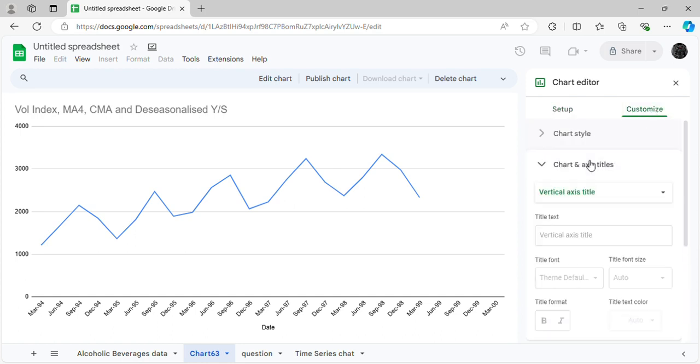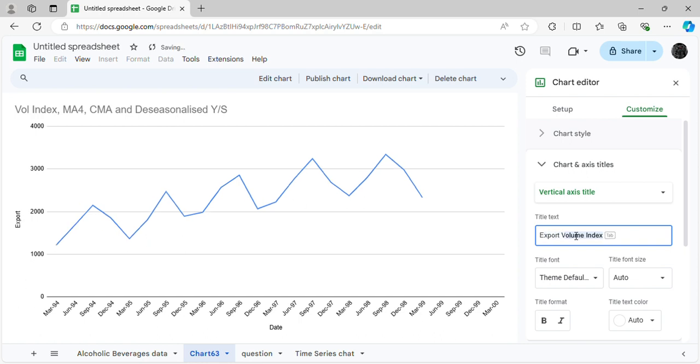Let's add the vertical axis title, which is showing export volume index.